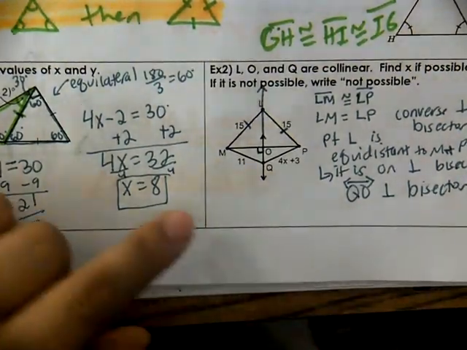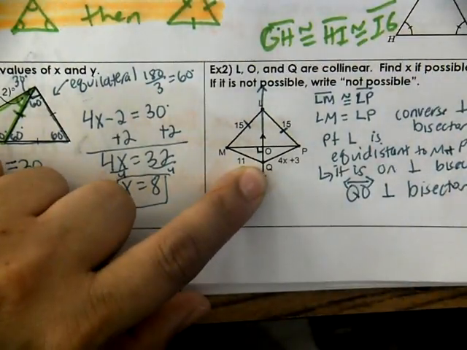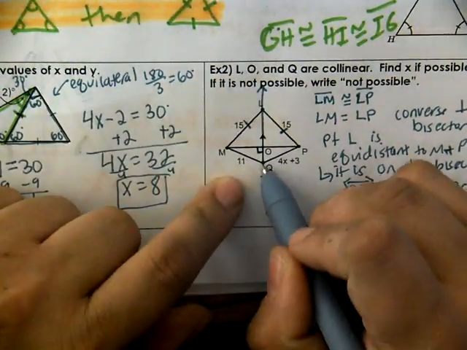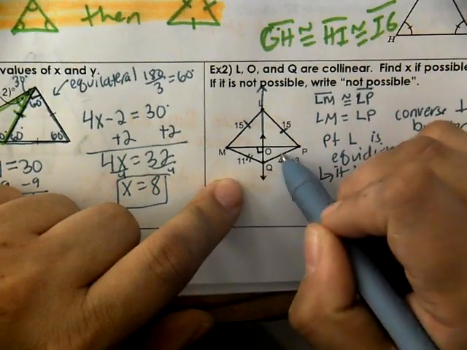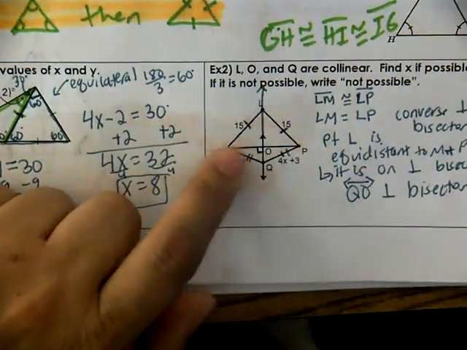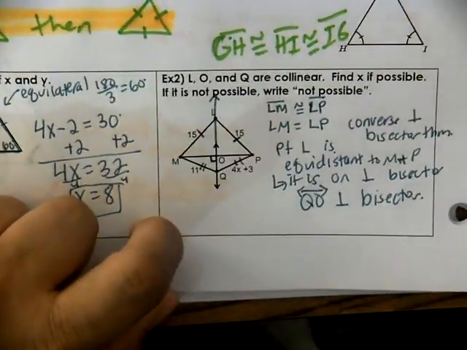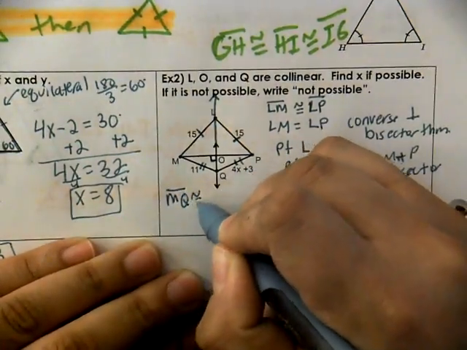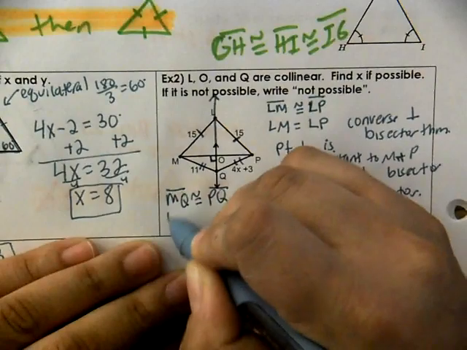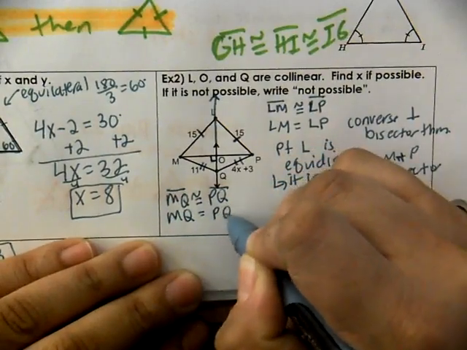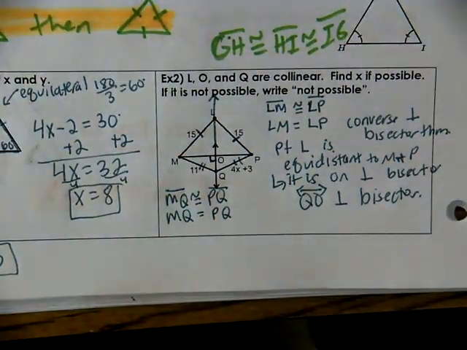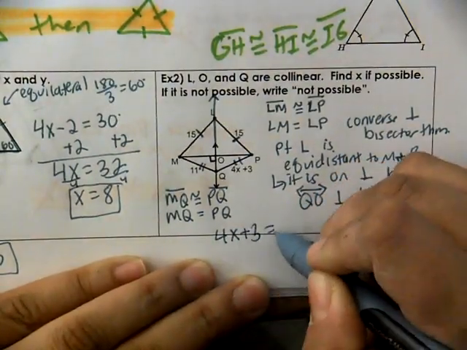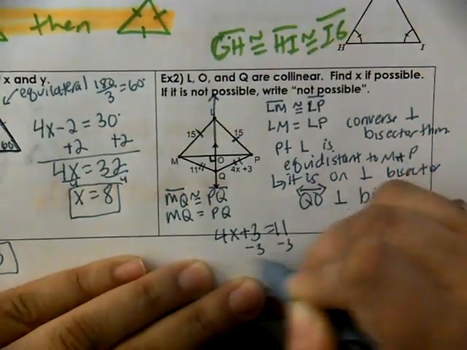And so as a result, since Q is also a point on the perpendicular bisector, then it's got to be equidistant to the endpoints M and P. And so that's how I know that MQ would be congruent to PQ, or that MQ would be equal to PQ, and I could then set them equal to each other and solve. So I could do 4x plus 3 is equal to 11 and find x.